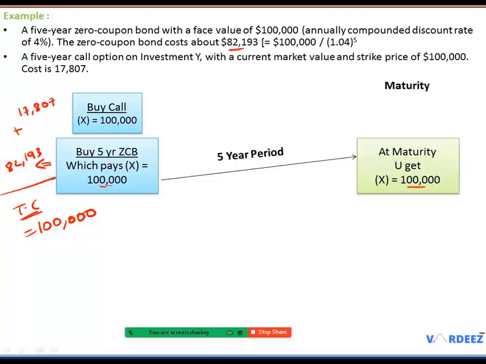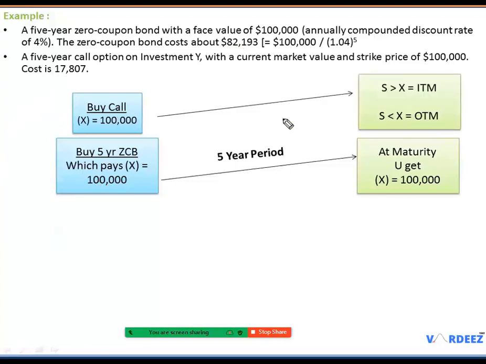Secondly, let's look at the call option. Understand, if the stock price is greater than the exercise price, then you will make money on this call option. That means at maturity you will have $100,000 plus whatever the gain is.